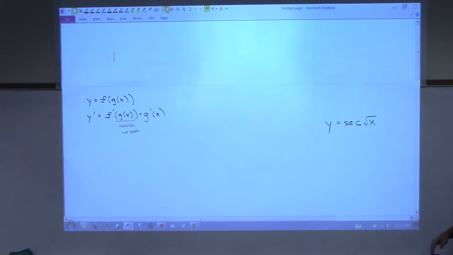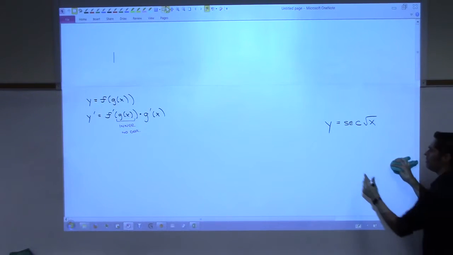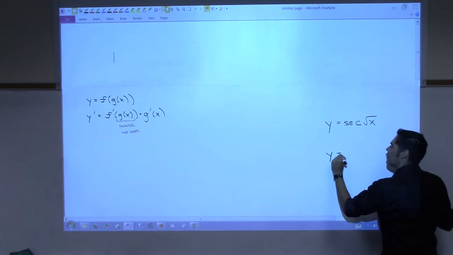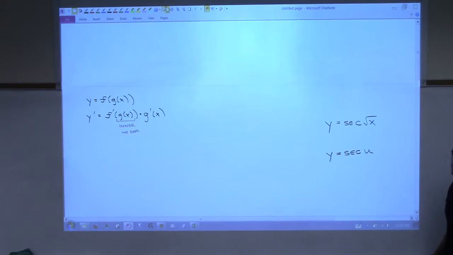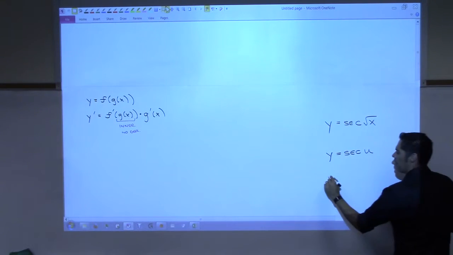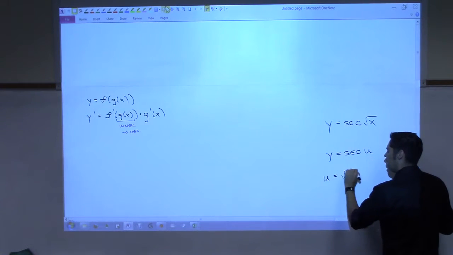Here's how Leibniz would have written this down. Leibniz would have still said I have an inner function and outer function, but he would have said, I'm going to write y is equal to secant of u, where u is the inside function. Then he would write below that, u is root x.